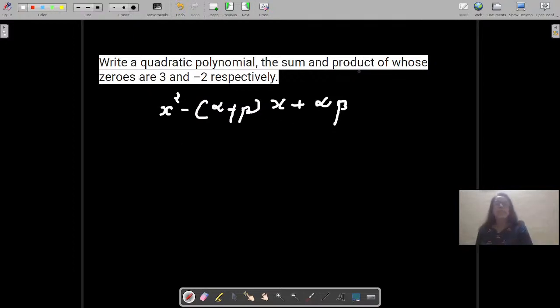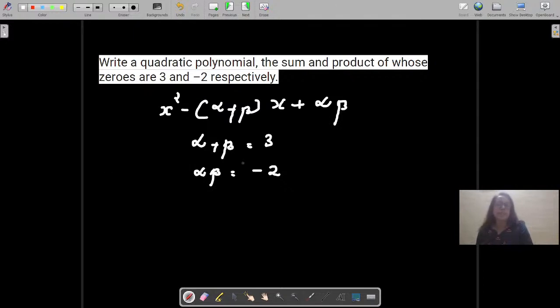So what is the sum and what is the product? Alpha plus beta is the sum. Alpha plus beta is equal to 3. And the product, what is alpha into beta? Alpha into beta is equal to minus 2. This is what we are given in the question, right? So we are given the sum and product, 3 and minus 2. Now substitute in this polynomial and find out the polynomial.